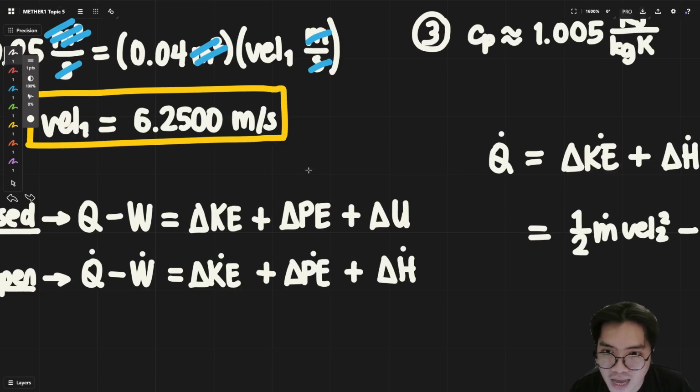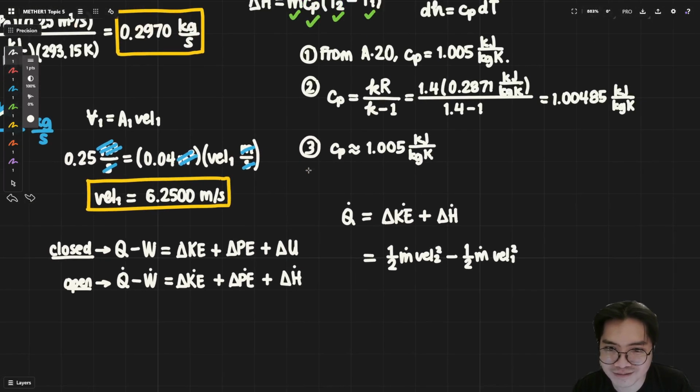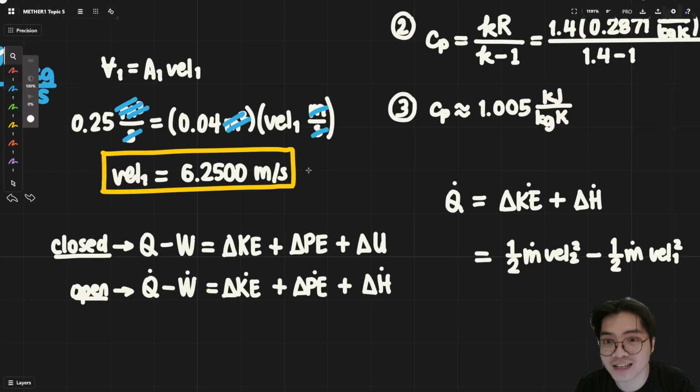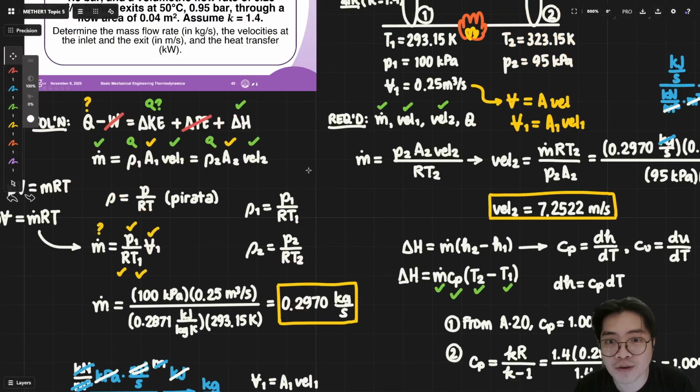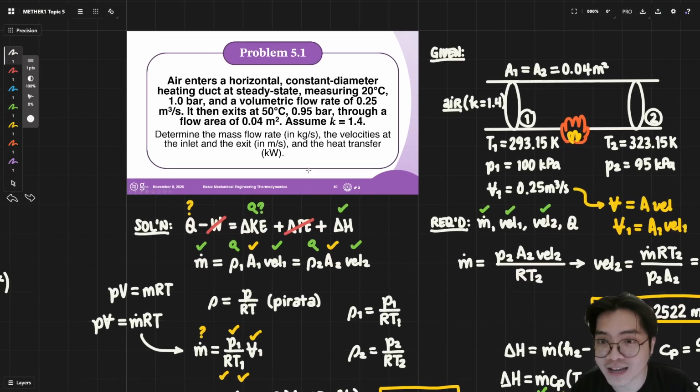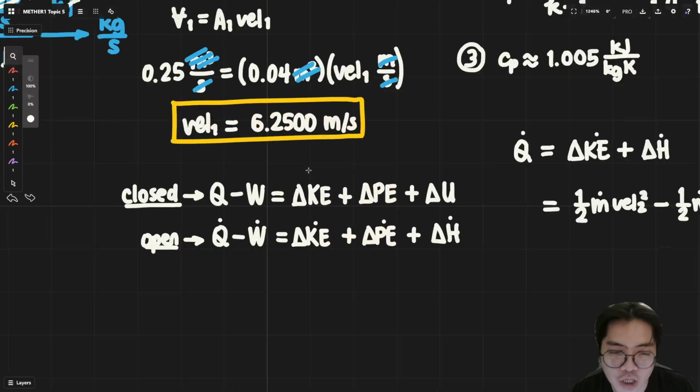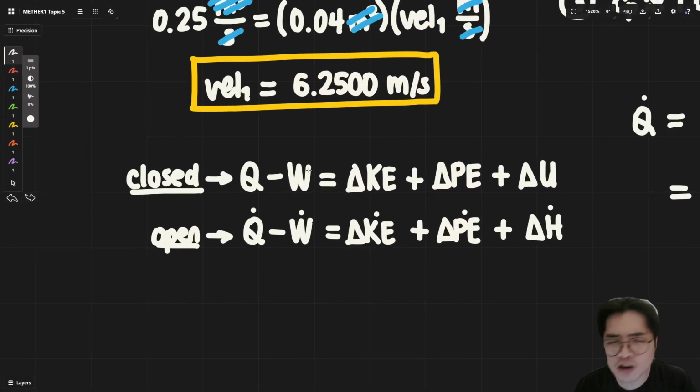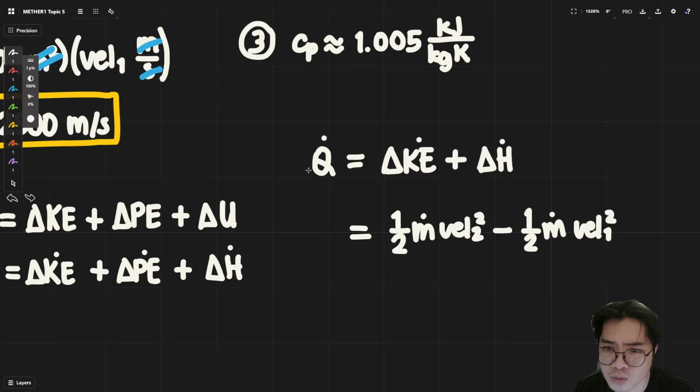But notice that I treat them as interchangeable because in an open system, where else will you find a mass? You cannot find a mass except as a flow rate. So if you want to be very pedantic, very technical, in an open system, everything has to have a dot on top, because you are using mass flow rates instead of masses.